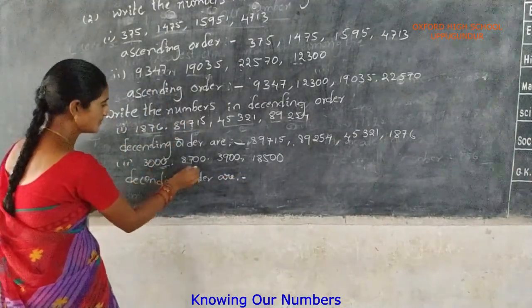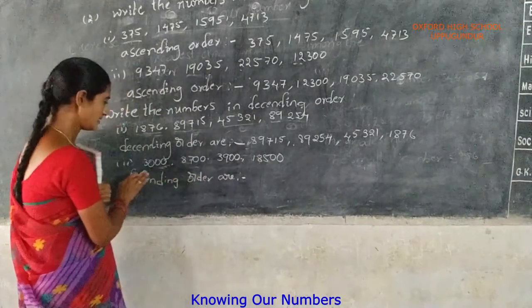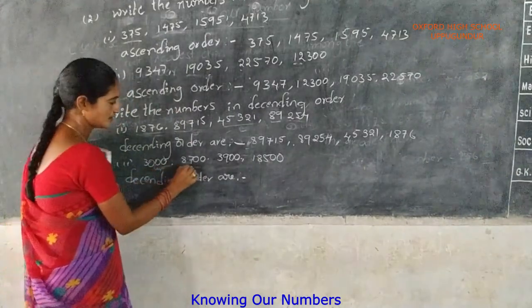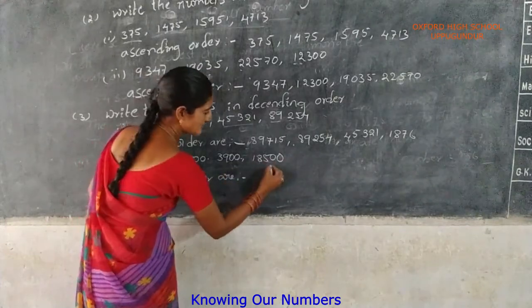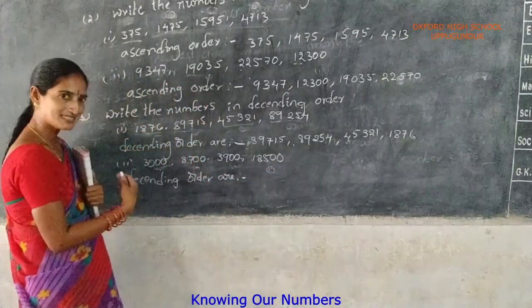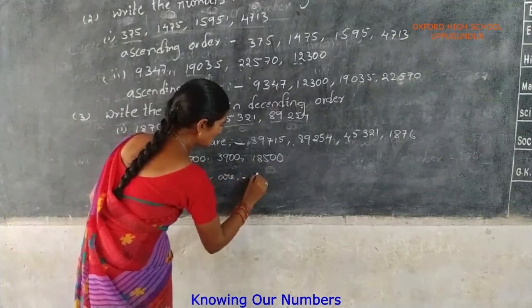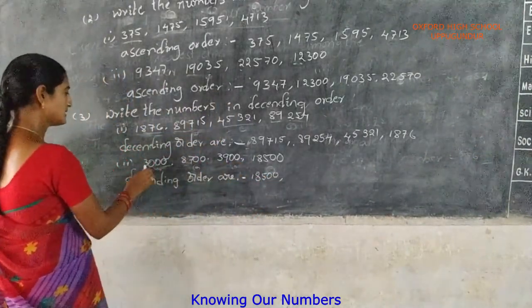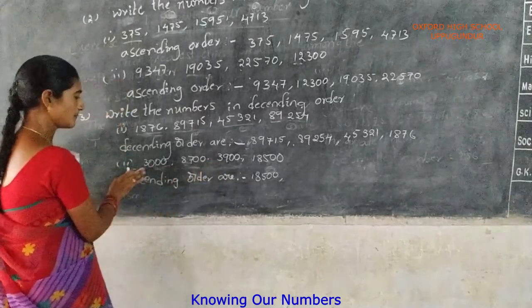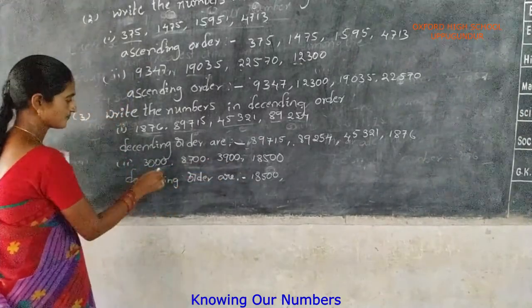Which is the biggest one? How many digits are there? This one 4-digit number. This one also 4-digit number. This one also 4-digit number. This one 5-digit number. Which is the greatest number? 18,500. Next, these remaining 3 numbers, which is the greatest?